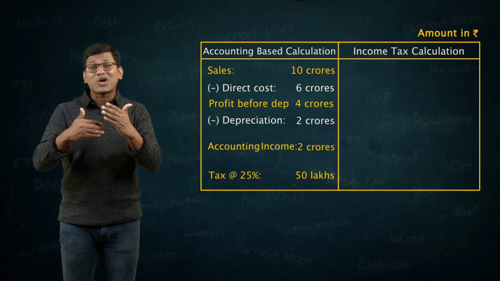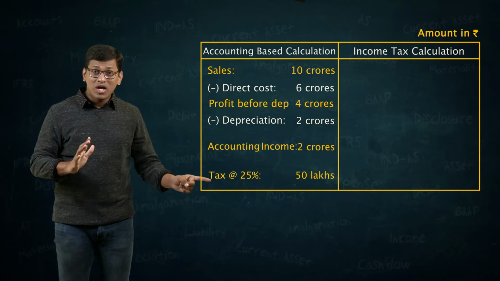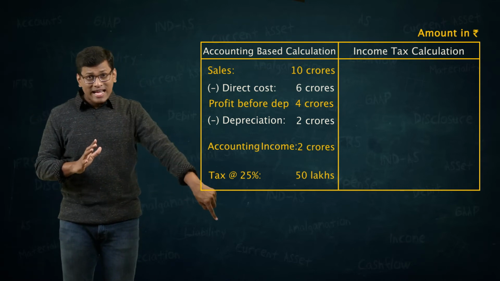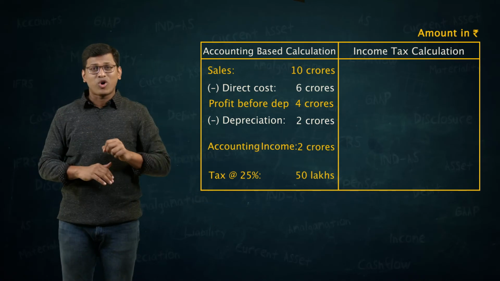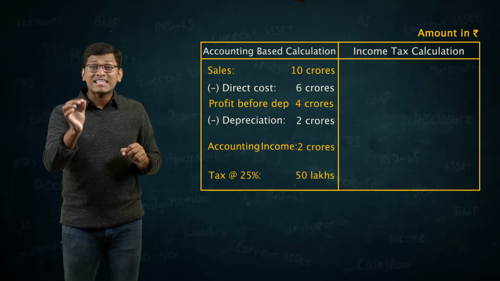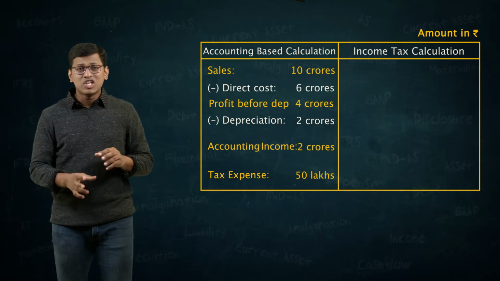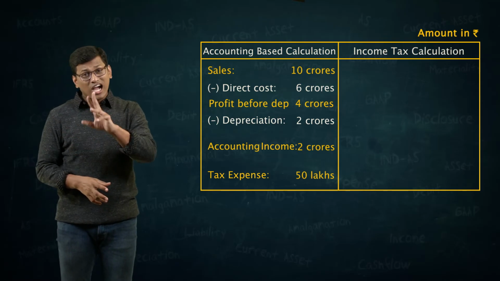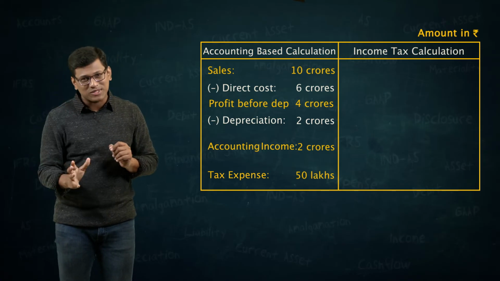We call it as accounting income as per this accounting standard. Now, based on that, you made a tax calculation, right? The tax calculation 50 lakhs what you got, we will call that as tax expense. So 2 crores we called as accounting income and 50 lakhs is the tax expense, right?